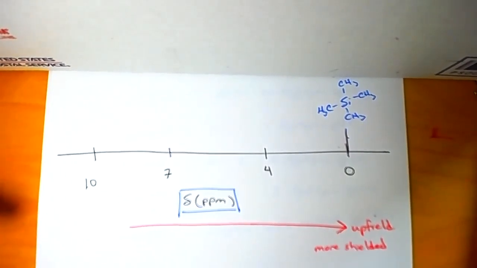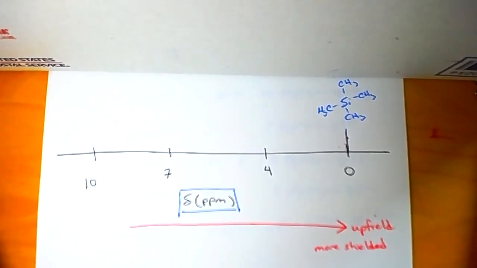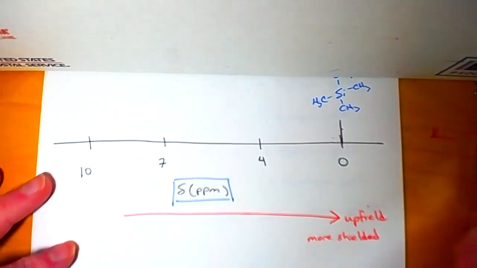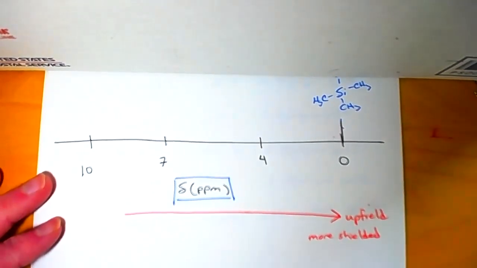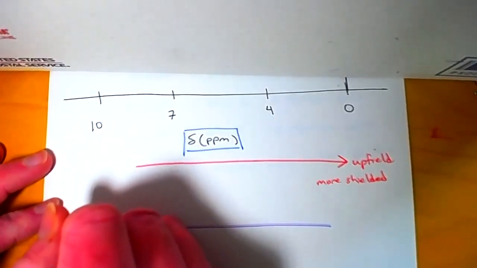There's not a lot of electronegative elements pulling away that electron density, and the hybridization tends to be sp3, okay? If you go the other direction, this way, this is referred to as downfield.